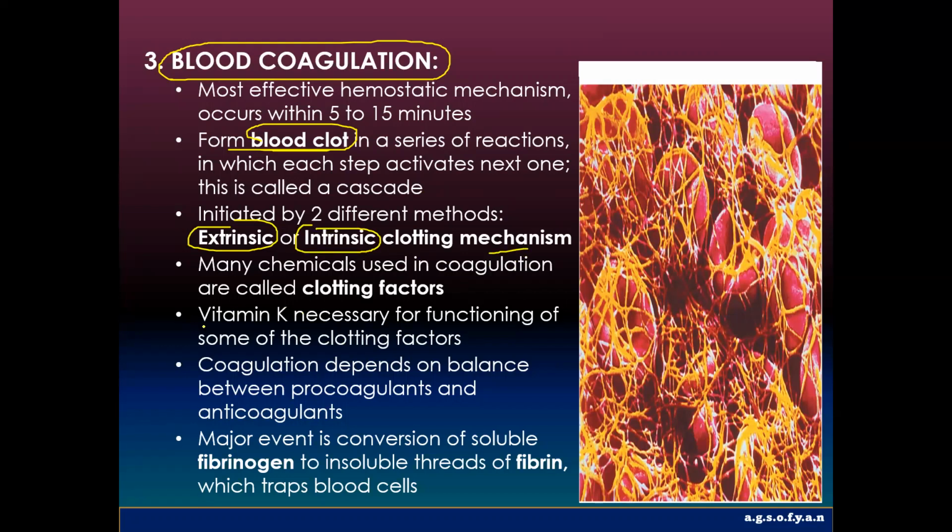Vitamin K is one of the substances needed to form the blood clot, so this is one of the clotting factors. And of course, the protein fibrinogen is also needed to clot the blood.